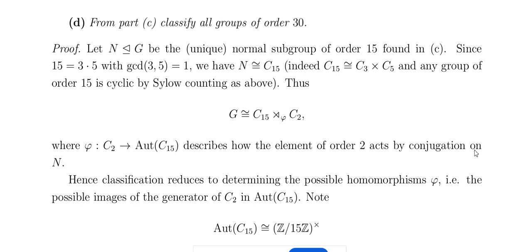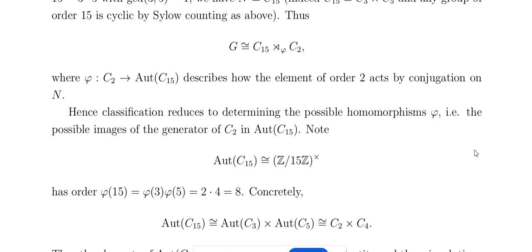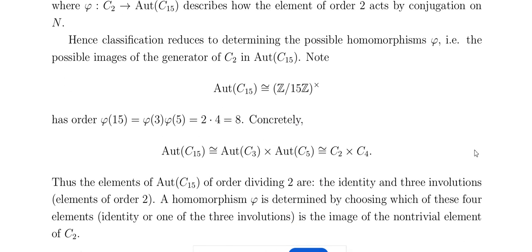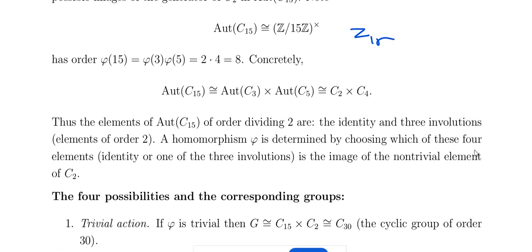So the element of order 2 acts by conjugation on N. This classification determines the possible homomorphisms pi, the possible images in the automorphism group of C15, which is isomorphic to Z by 15Z, that is, Z15. Therefore pi of 15 equals pi of 3 into pi of 5, that is equal to 8. So these are the elements of automorphism of C15 of order dividing 2.